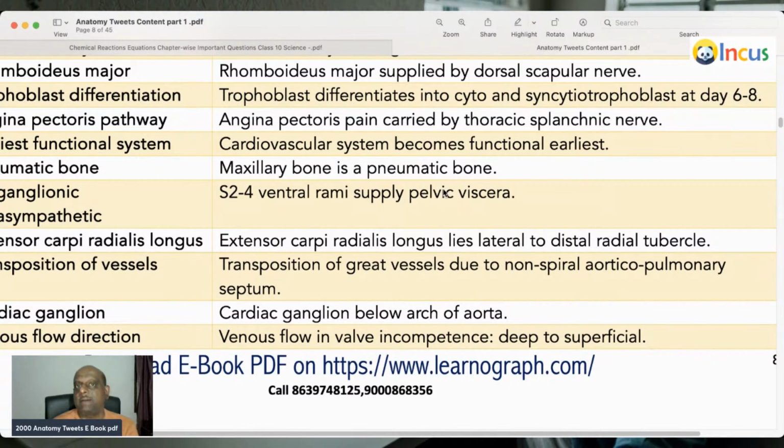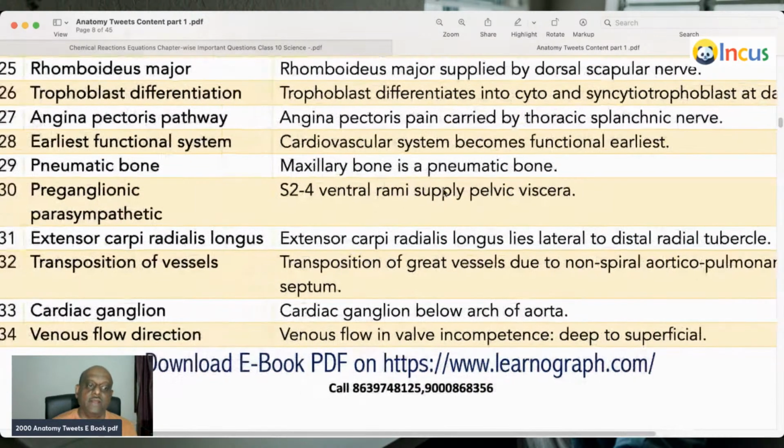If it doesn't spiral, then the aorta and pulmonary trunk will attach to wrong chambers of the heart. Aorta, instead of arising from left ventricle, will arise from right ventricle. So transposition of the great vessels is due to the non-spiraling of the aorticopulmonary septum is what you need to remember.